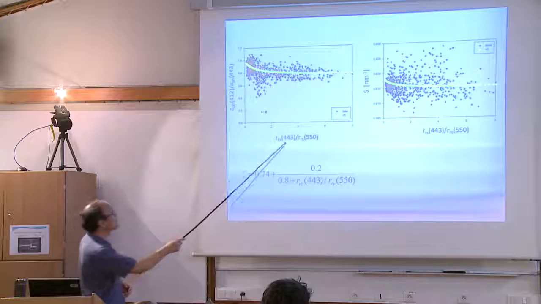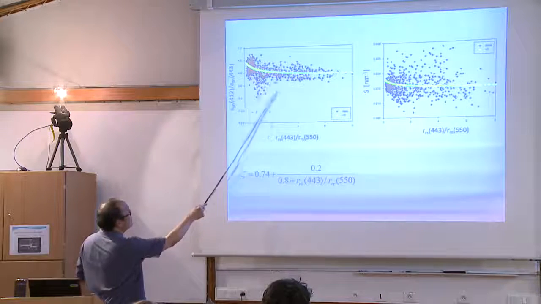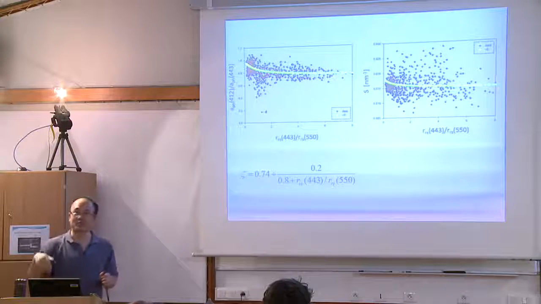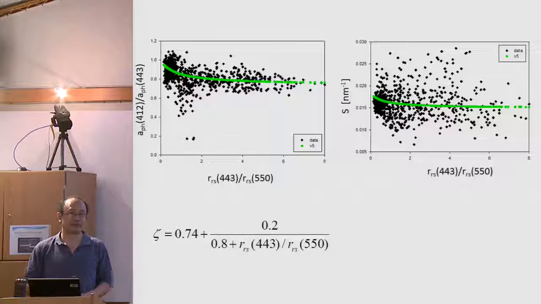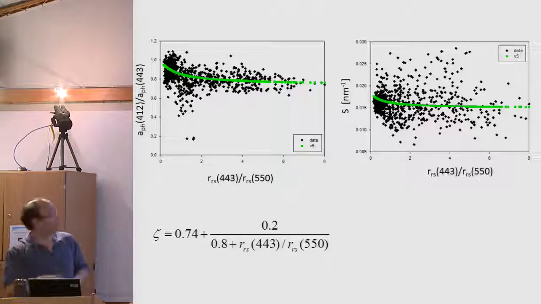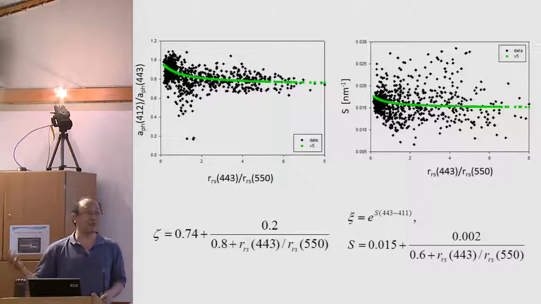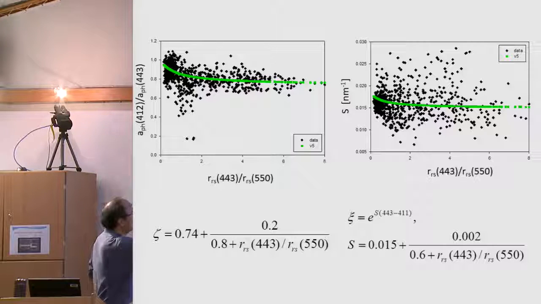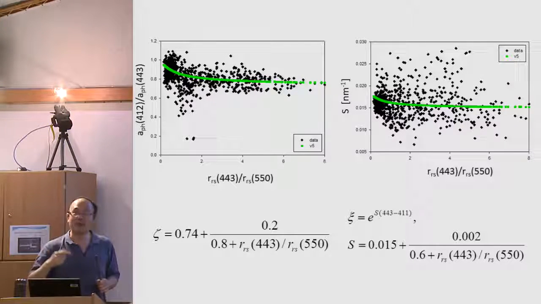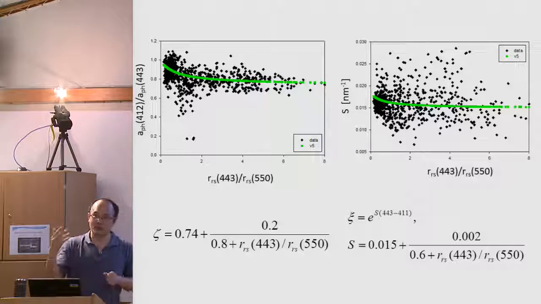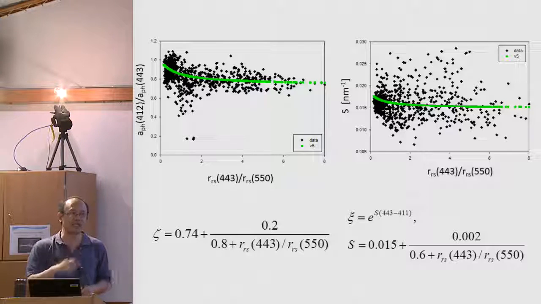So again, we use a simple ratio to estimate this number, and use a simple ratio to estimate that spectral slope of ADG. Again, these are empirical. So if we have better ways to improve these estimations, then the decomposition from total A will also be improved. So here are the games we should play further: how to improve these numbers.